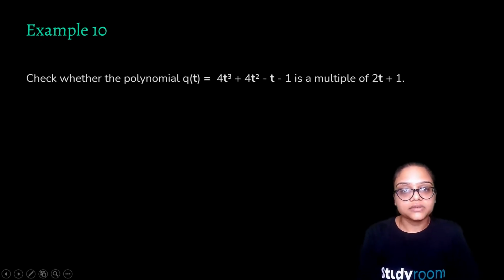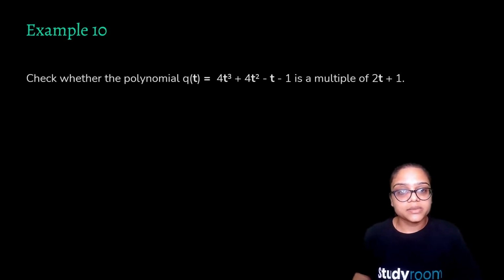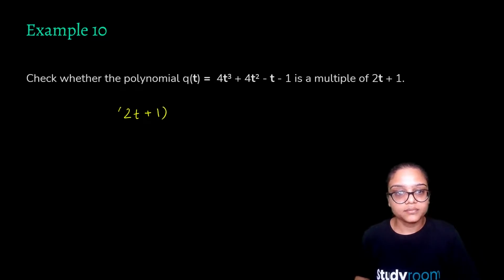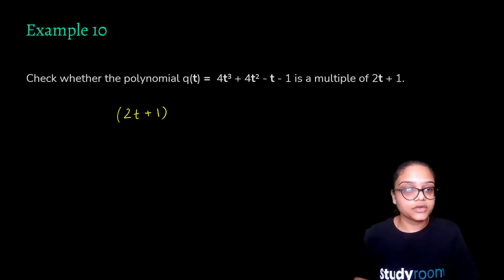Check whether the polynomial is a multiple of 2t plus 1 or not. Now, if anything is a multiple, I'll show you an example with constants. Show me that 4 is a multiple of 2 or not.